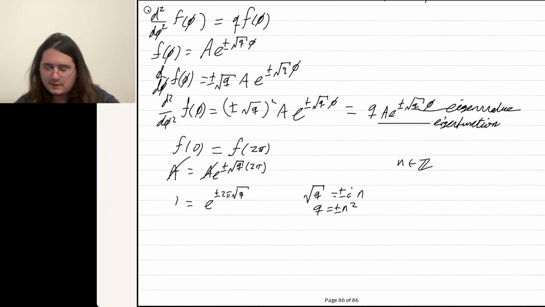Which means that the entire spectrum of q is square integers. So you would say that q is an element of a set containing just square integers, where n is an integer.